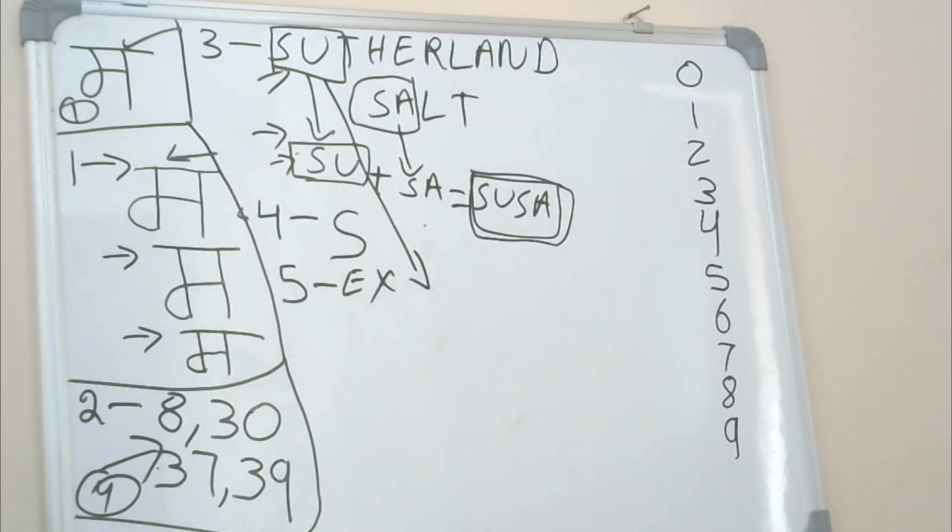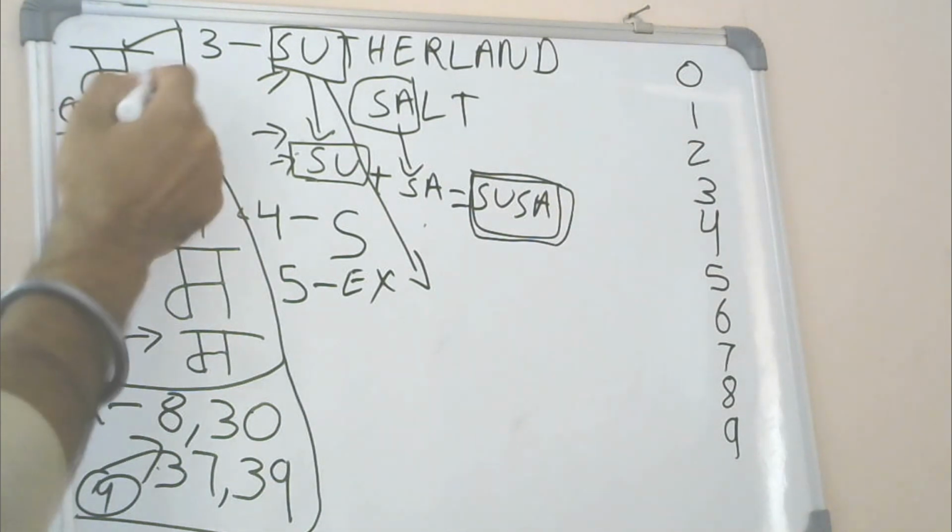Then you can have Scotland, you can have Sydney, or Spain. All these words will be starting with this letter.